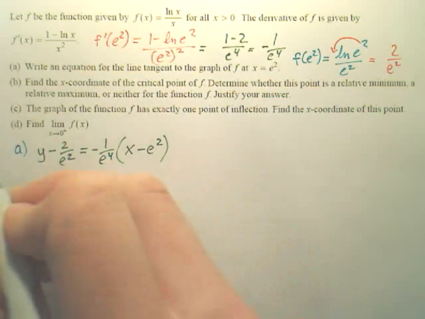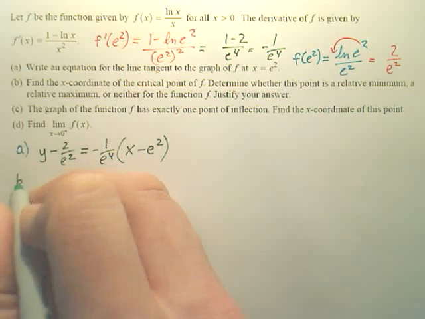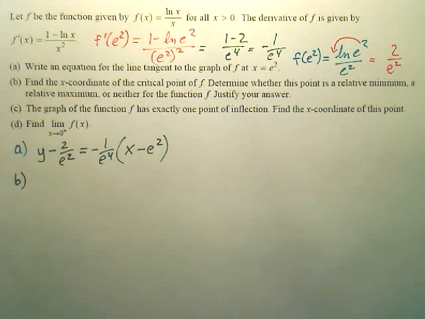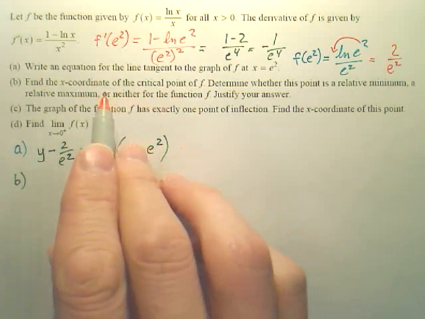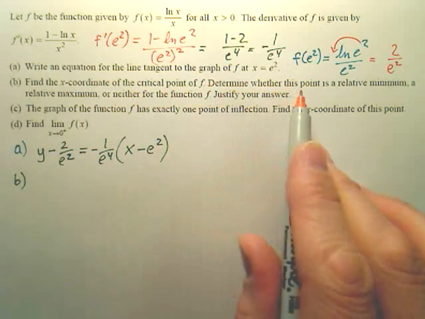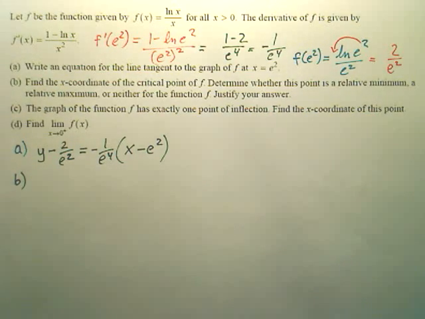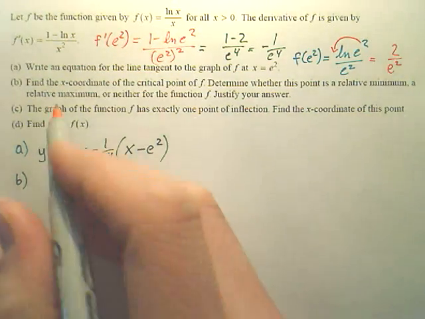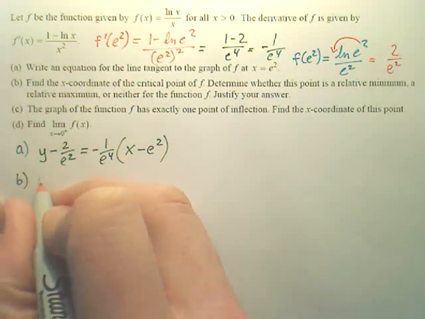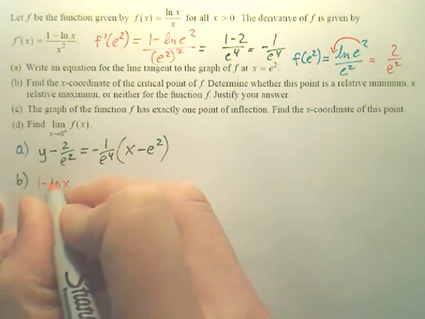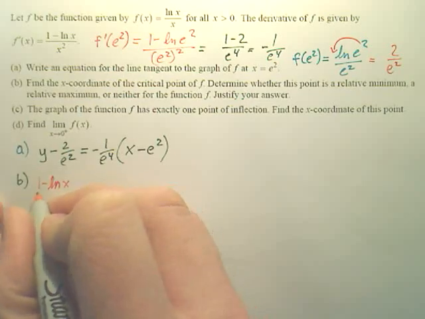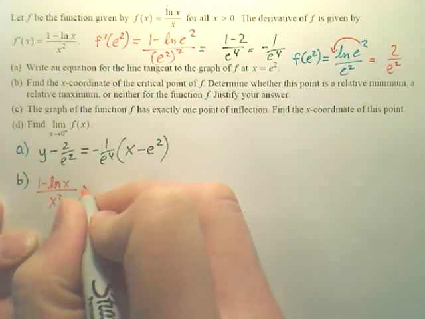B. Let's do B. B is asking for what? Find the critical numbers and then tell those critical numbers what it is, a max, min, or neither. So how do you find critical numbers? Well, you're going to set your derivative equal to 0.